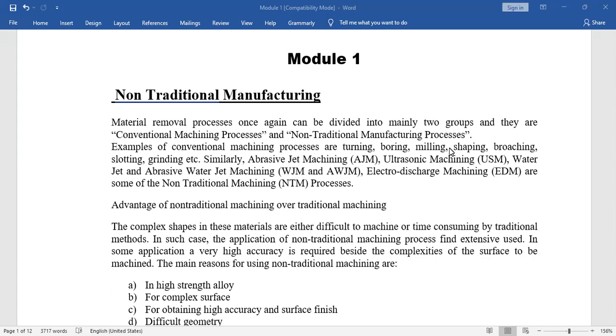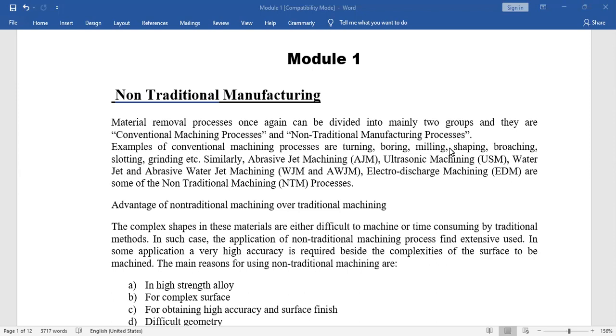So in conventional machining, the tool and the workpiece will be in contact with each other during machining action. But in case of non-traditional machining process, there is no direct contact between the tool and the workpiece. So this is the first and the most important difference.